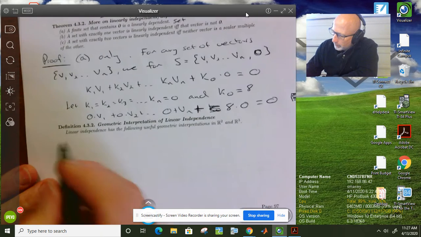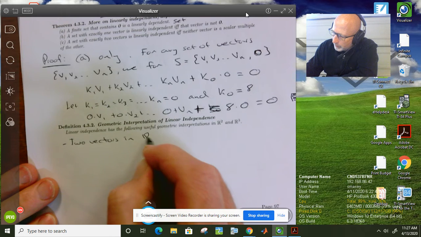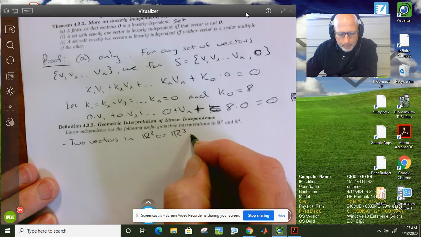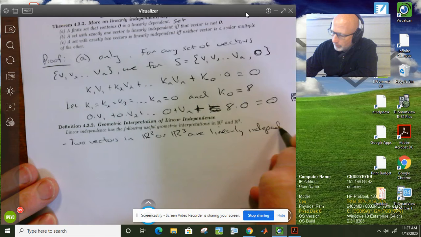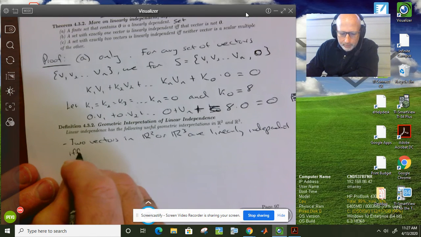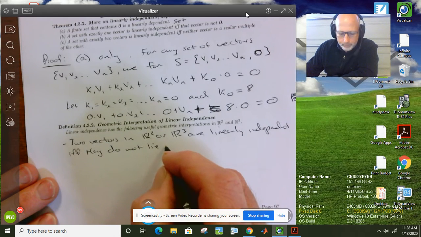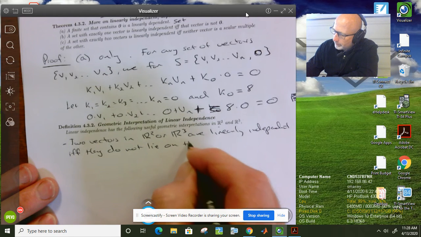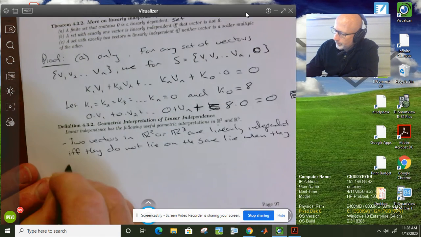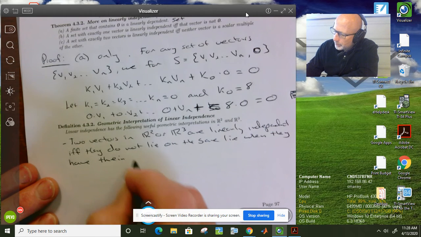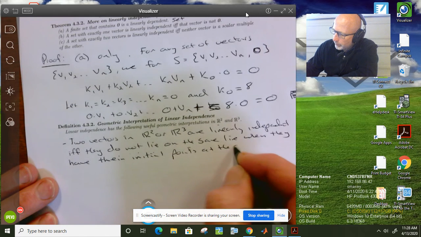Two vectors in R2 or R3 are linearly independent if and only if they do not lie on the same line when they have their initial points at the origin.